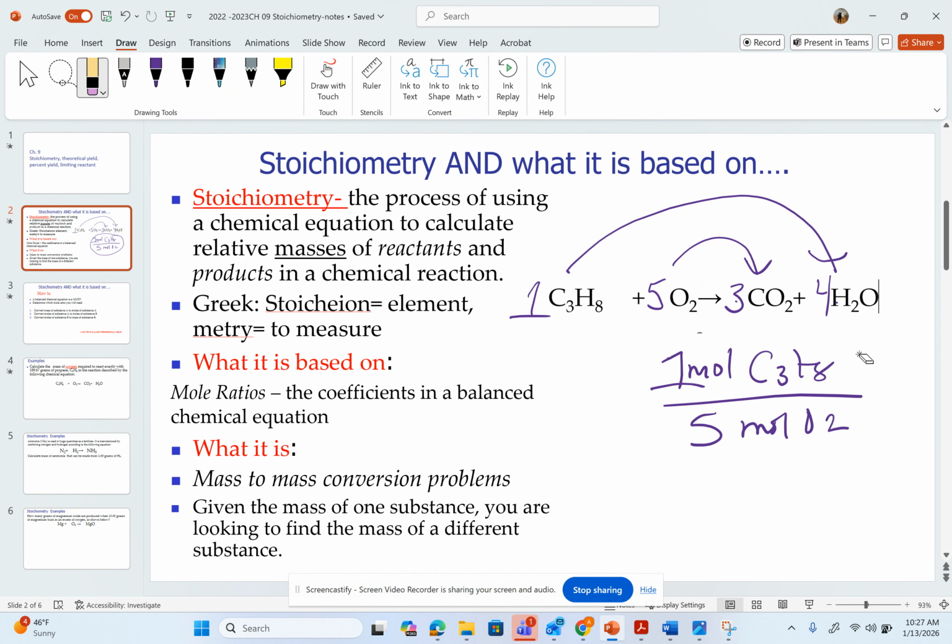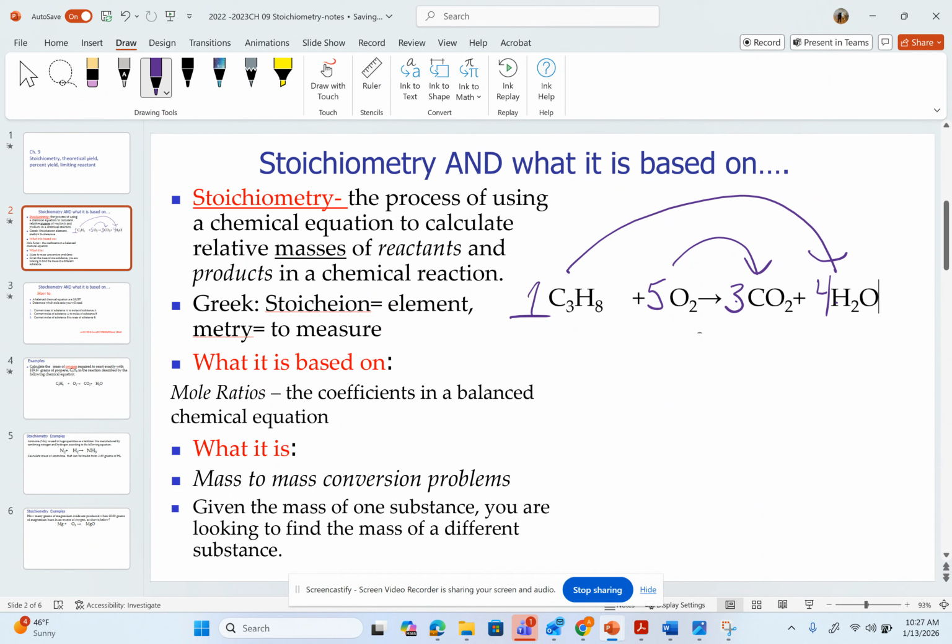Again, in problems, I might be given the mass of oxygen, and then I need to find how many moles of water is produced. That's called stoichiometry.